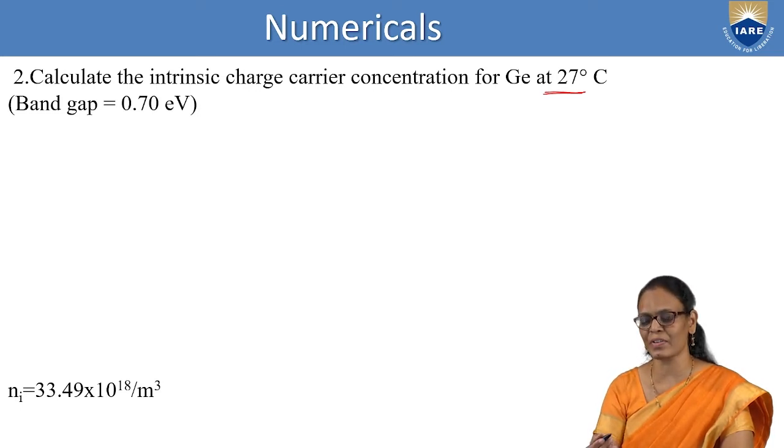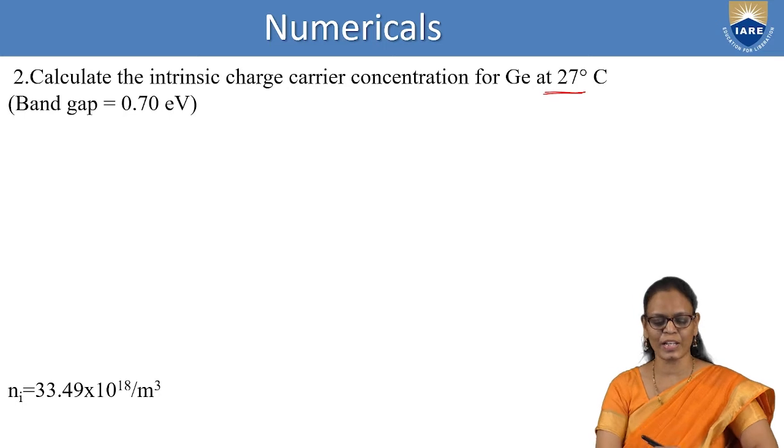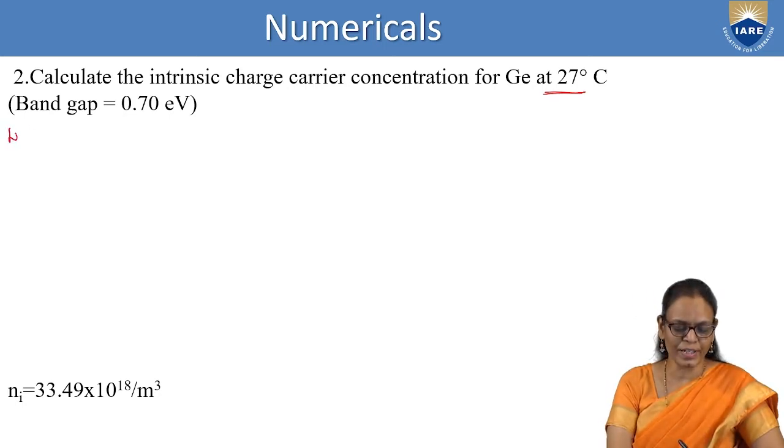There it was 37, here it is 27. When the temperature is lowered, how the charge carrier concentration varies, we can understand with the help of this numerical. Now the data given. Band gap Eg is 0.7 electron volt.